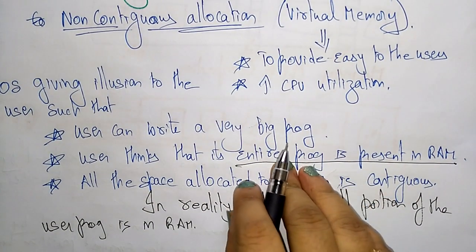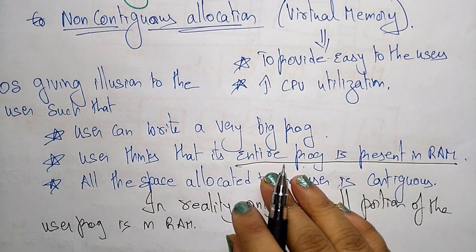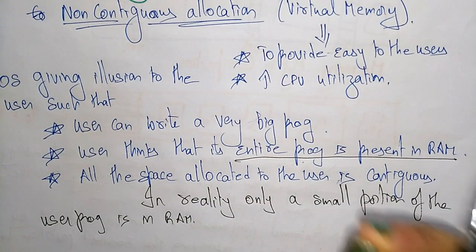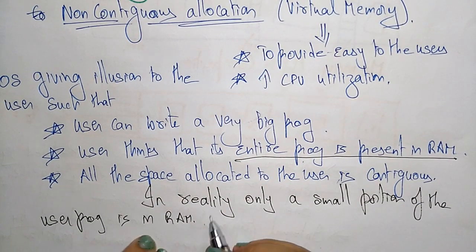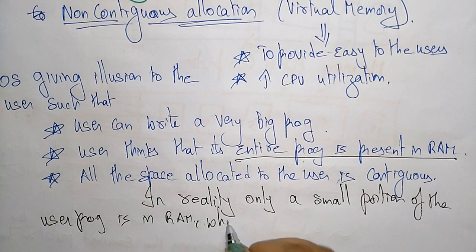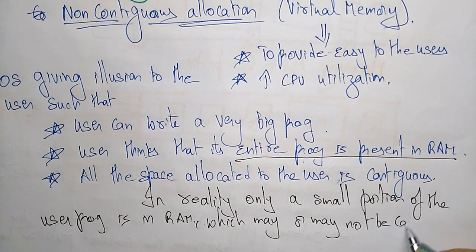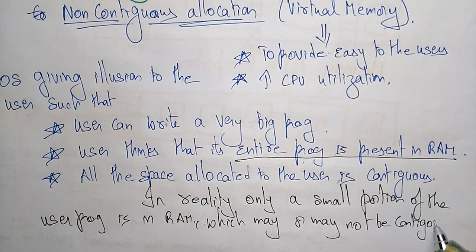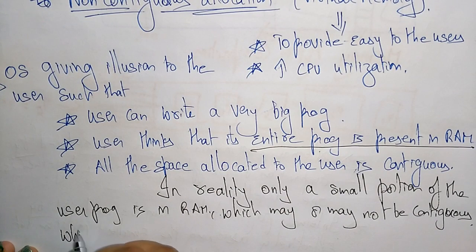We are only giving the illusion by adding virtual memory, but in reality only the small portion that we want to be executed is in RAM, with the help of the library functions, which may or may not be contiguous, while the remaining program is present in secondary memory.